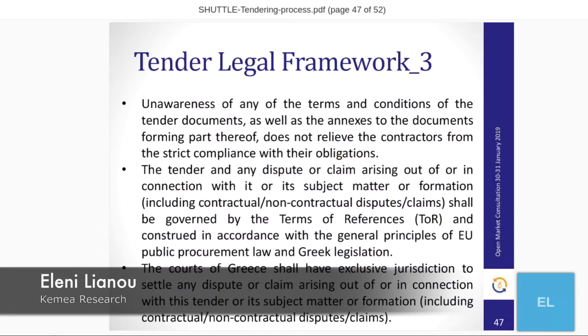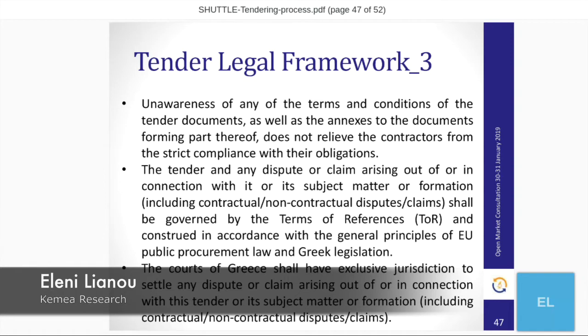And if a contractor claims that he is unaware of any of the terms and conditions of the tender documents, as well as the annexes to the documents forming part thereof, this does not relieve him from the strict compliance with their obligations.